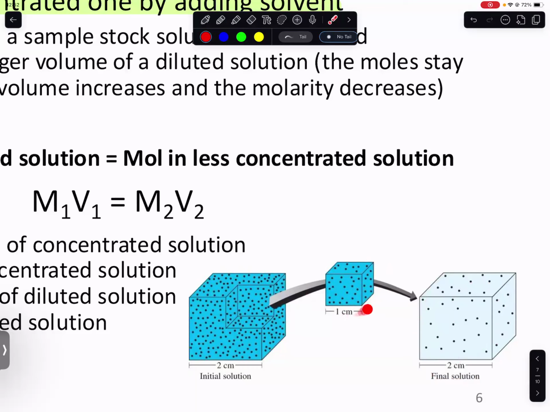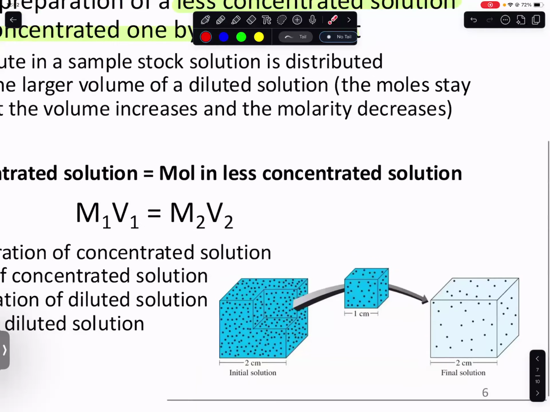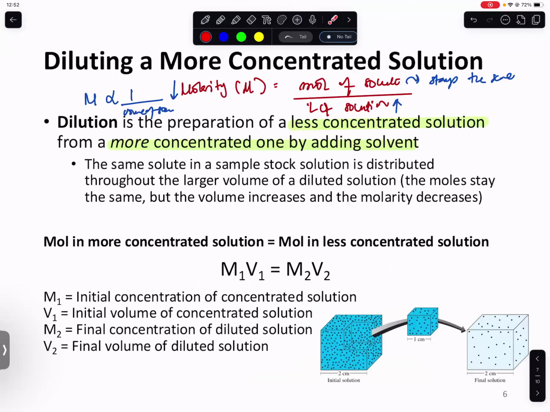I will have the same amount of moles, but spread over a larger volume. I hope this makes sense, because molarity is very important and is going to be used throughout Gen Chem.